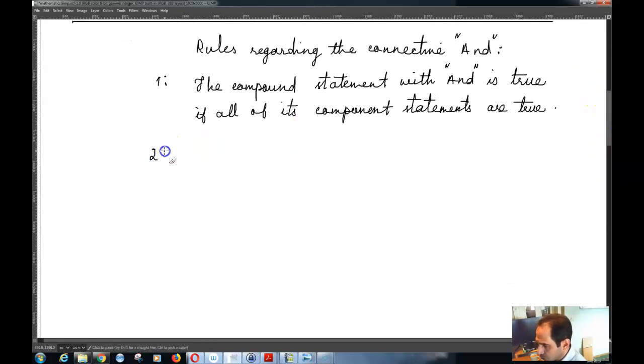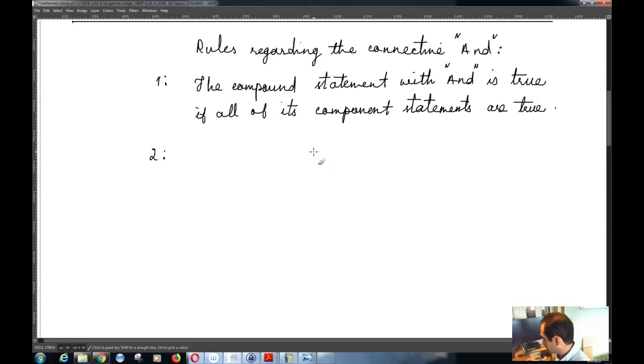Rule number 2: the compound statement with AND is false if any of its component statements is false.